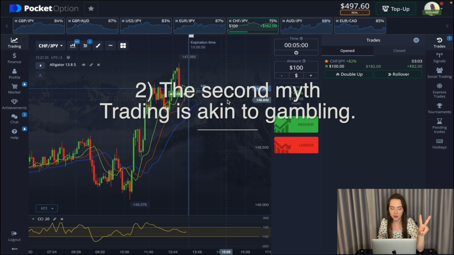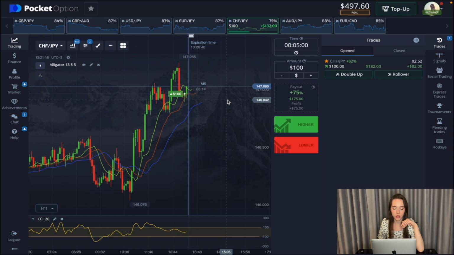And the second myth, trading is akin to gambling. That has nothing to do with it. This is not an area where you can just rush under the influence of emotion. The calmer and more patient you are with trading, the higher the chances of getting a stable income.